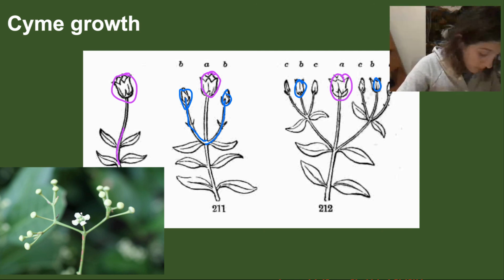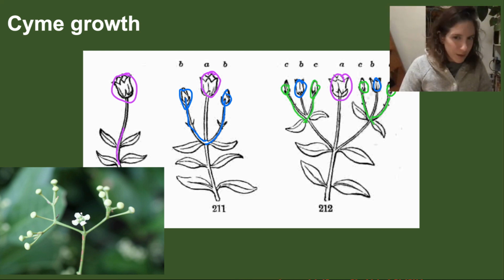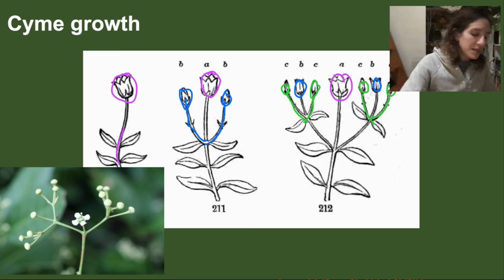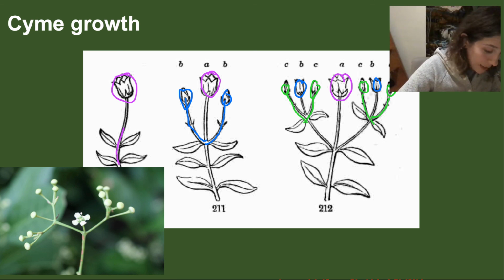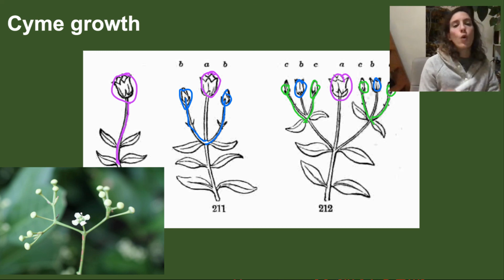Again, branching has happened, but that branching has happened below its next oldest flower. Crazy, complicated. We call these determinate inflorescences. A cyme is a determinate inflorescence because that very first branch terminates at the oldest flower. It sort of determines the height of that stem, if you will.